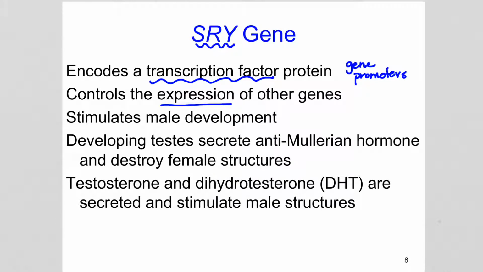So the SRY gene encodes the instructions for a specific protein called a transcription factor that then controls the expression of other genes. And those other genes do a couple of things.